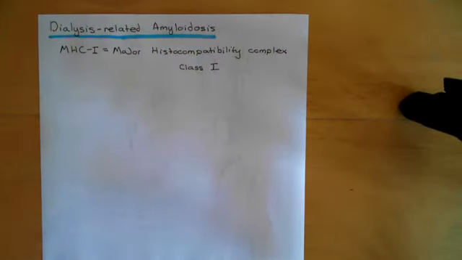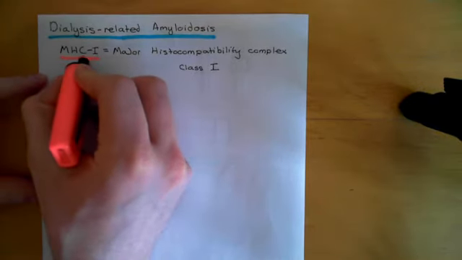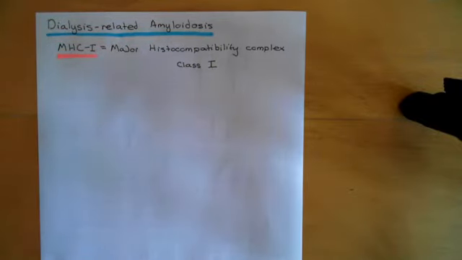Now, the major histocompatibility complex class 1 is made up of two separate polypeptides that are joined together in a non-covalent fashion. And this complex is expressed on the surface of pretty much all cells in the body.